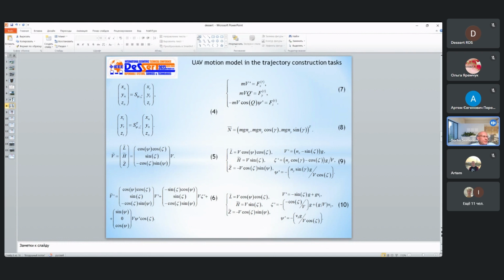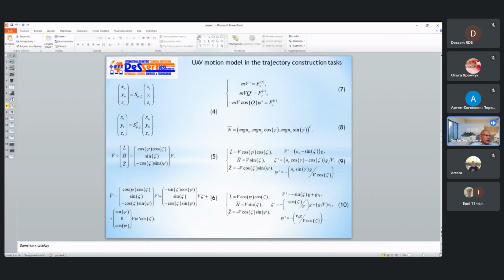Coordinates of the UAV velocity vector in the normal system we can see from formula number 5. The acceleration of the material point, the time differential of vector 5, we can see in formula 6. The motion of the UAV as a material point is determined by its initial state and the sum of external forces represented by the coordinates F x, y, and z in the normal Earth coordinate system.